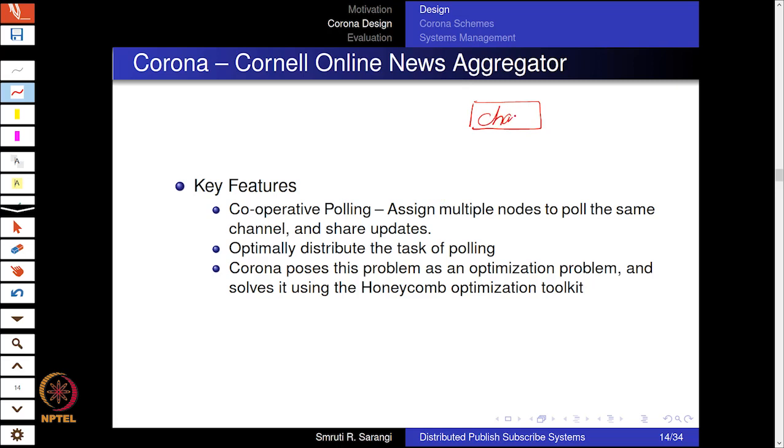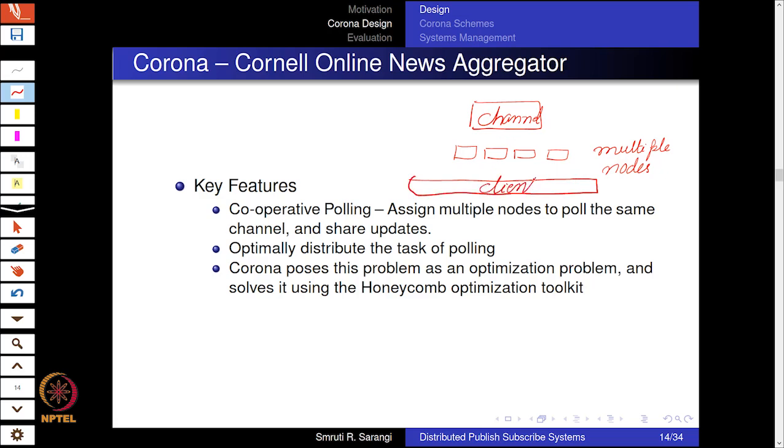So if this is the same channel, and we have multiple nodes, then they poll the same channel and they share the updates with a much wider base of clients.